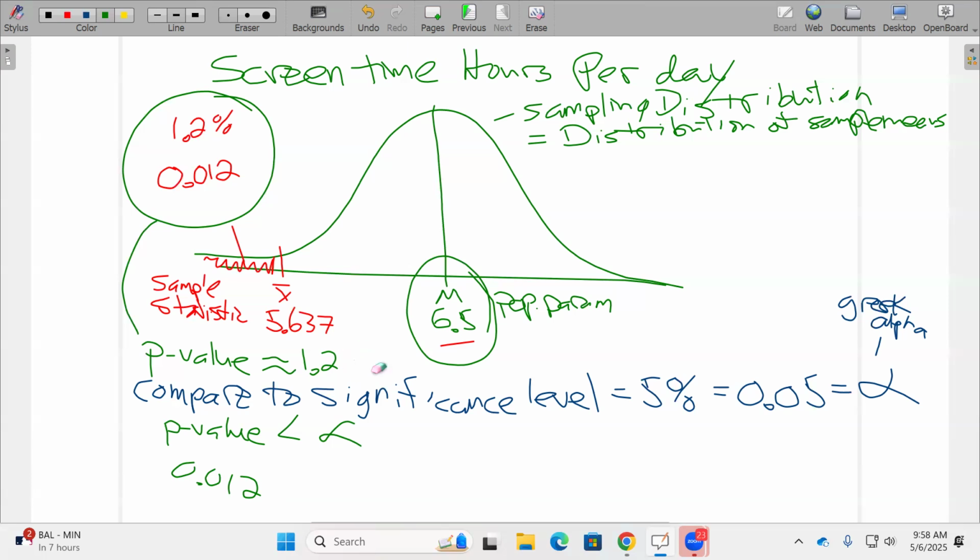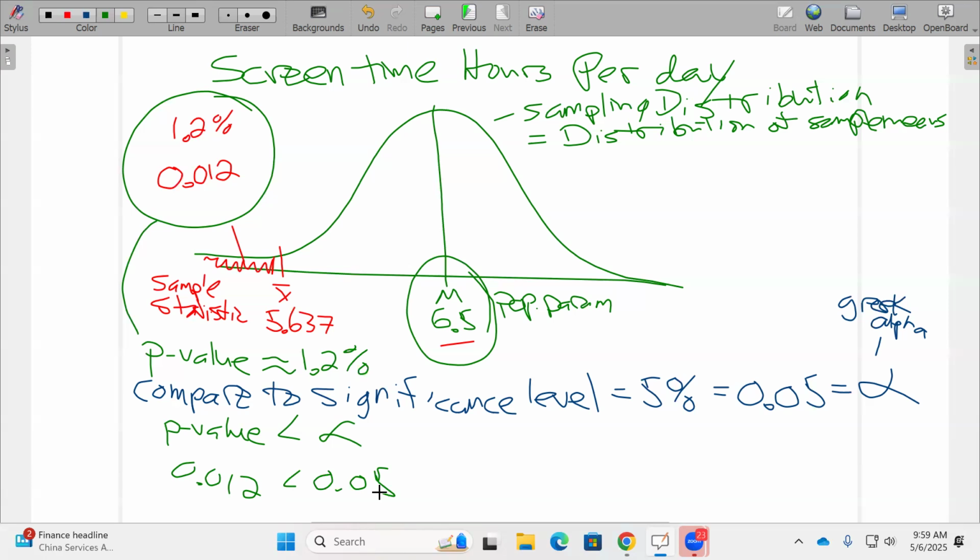It's just 0.012, that was supposed to be a percent. That is less than 0.05. And that means the claim that was made, that BMCC students do watch significantly less, appears to be true.